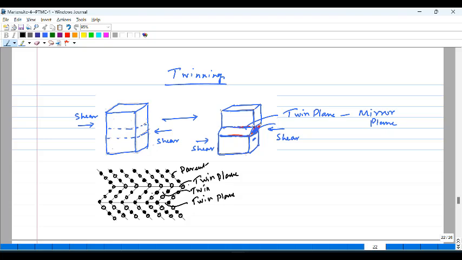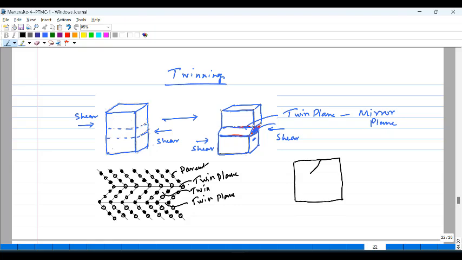So you can see that the orientation of the crystal across this twin plane has changed, and in the twin region the orientation is a mirror image of the parent lattice. And you can see that the twin is bound by two twin boundaries. So when you observe a twin under a microscope, it will always appear as a pair of lines.